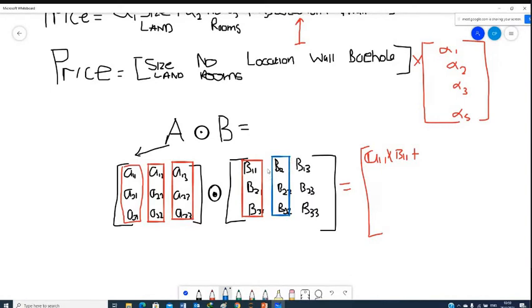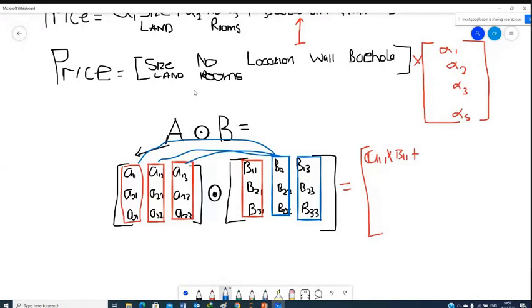And then I multiply this with that, and with that, and this one will be the last one, then I multiply with every other column within the other corresponding matrix. So this is what we mean by dot product.